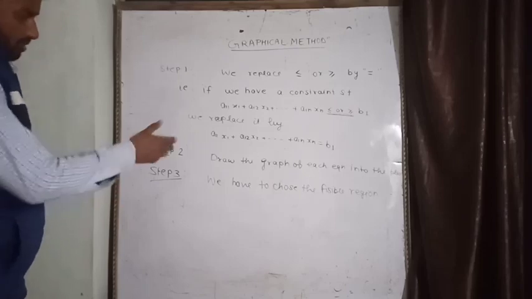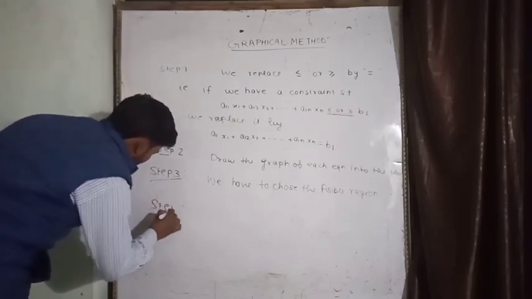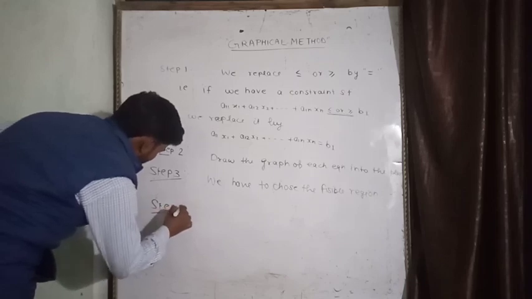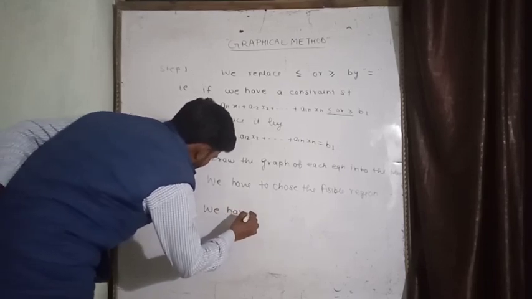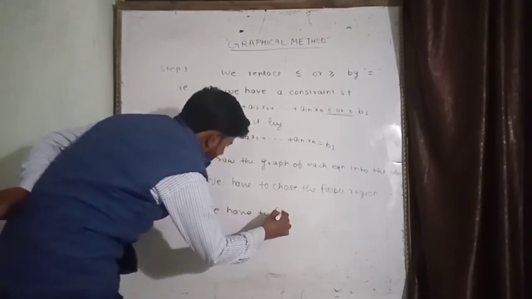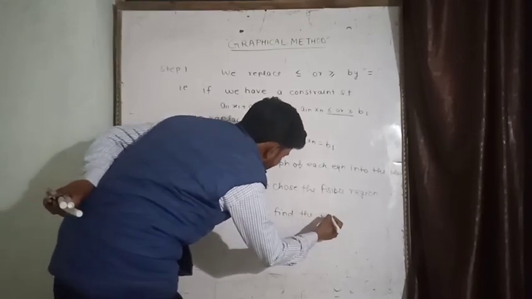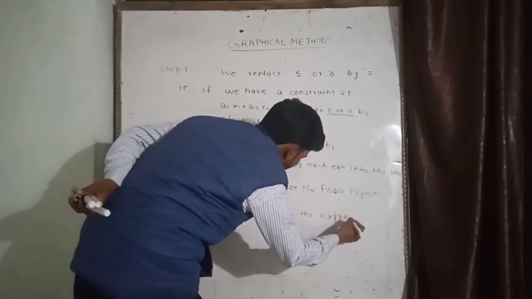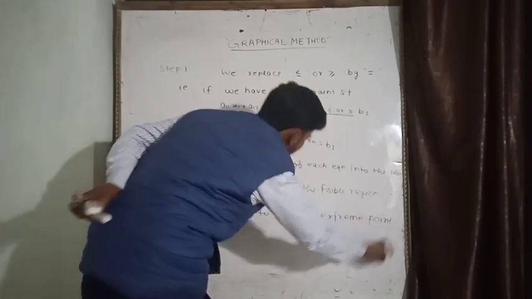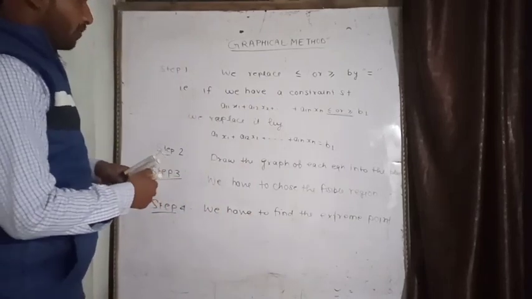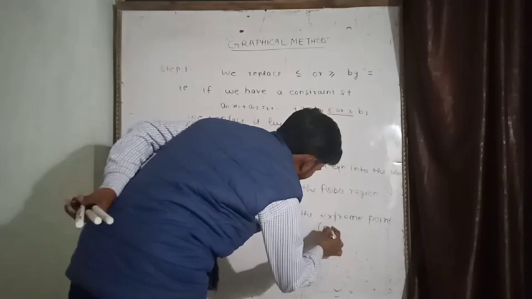This is step third. In the last step, which is step 4, we have to find the extreme points. What is the meaning of extreme point? That is corner point. This is also called the corner points.